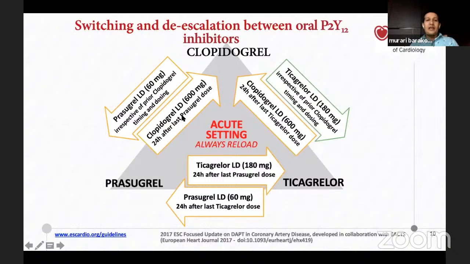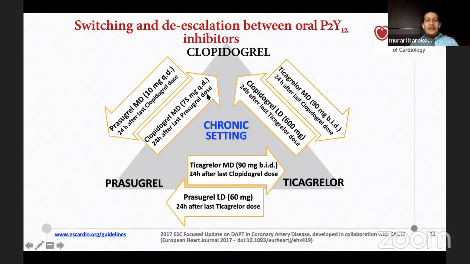Normally, we load 24 hours after the last dose. If it is a chronic setting, after 1 month of PCI or 1 month of the event, then loading is usually not required, except for ticagrelor. In ticagrelor, we always load after 24 hours. But in the other drugs, clopidogrel and prasugrel, we do not load.